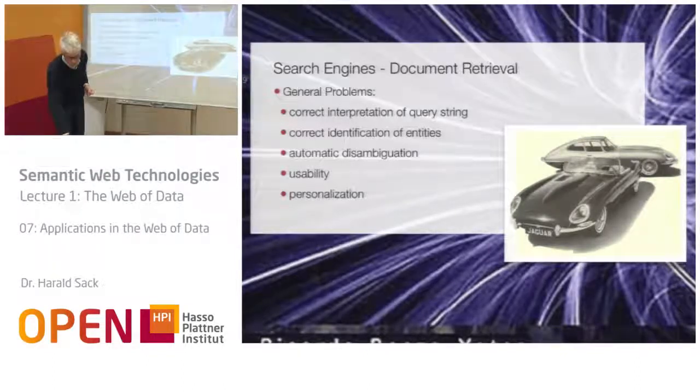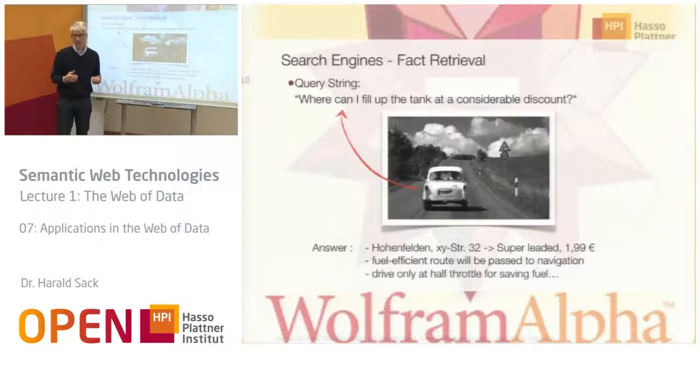But we can go one step further. So, for example, if I'm driving my car and I see that I need gas, then I ask the question, where can I fill up the tank at a considerable discount, for example? And then I will get the address. I will get, for example, where gas is the cheapest.